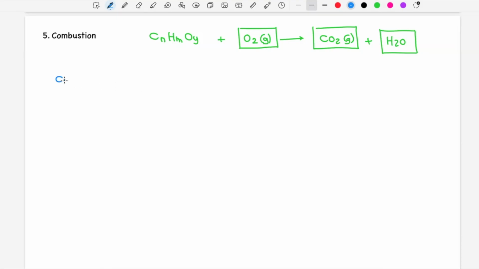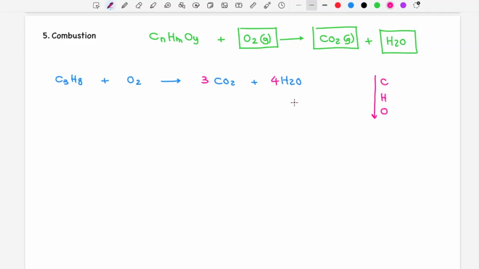So let's say we have C3H8 and we're combusting it with O2. As we said, to guess the products, we always make CO2 and H2O. Now for balancing, I always suggest balancing carbon first, then hydrogen, then oxygen. Over here, we have 3 carbons on the left, so we put a 3 here, 8 hydrogens on the left, so we put a 4 here.